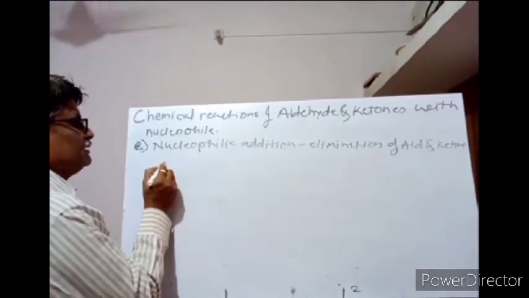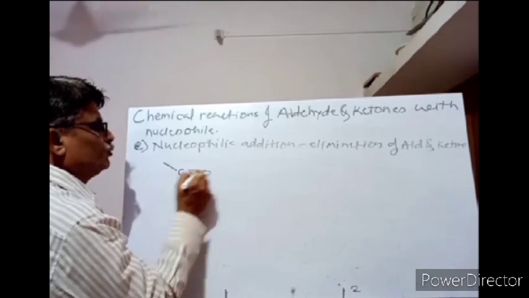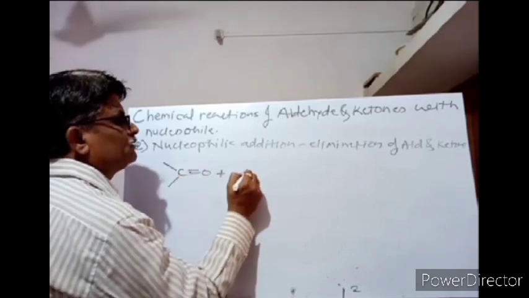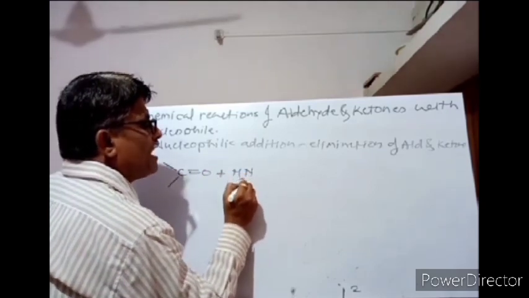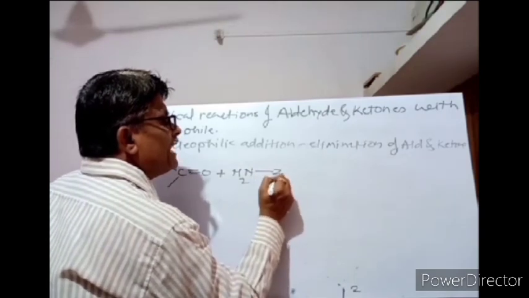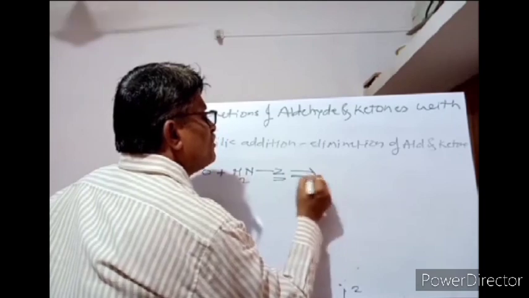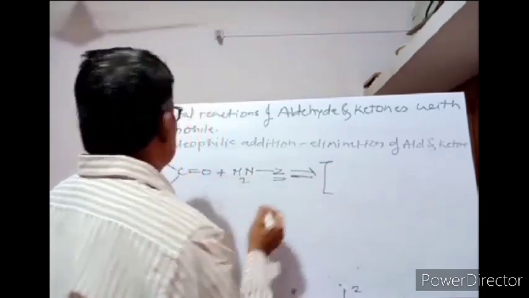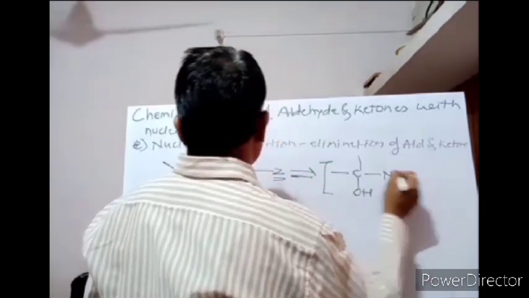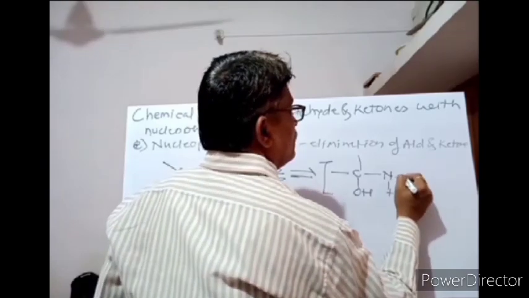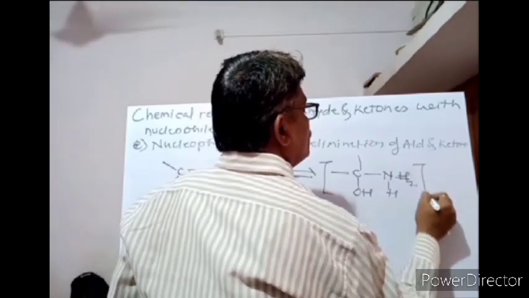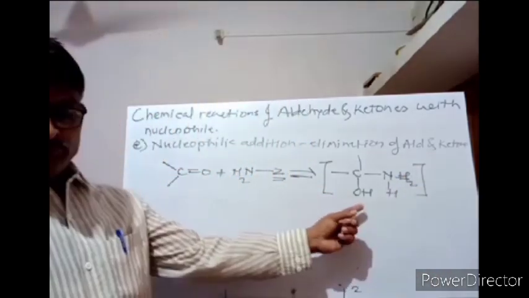One example is given. This is a carbonyl group. When it reacts with an ammonia derivative, say Z, it is a reversible reaction and forms an unstable compound. NH2 is formed.